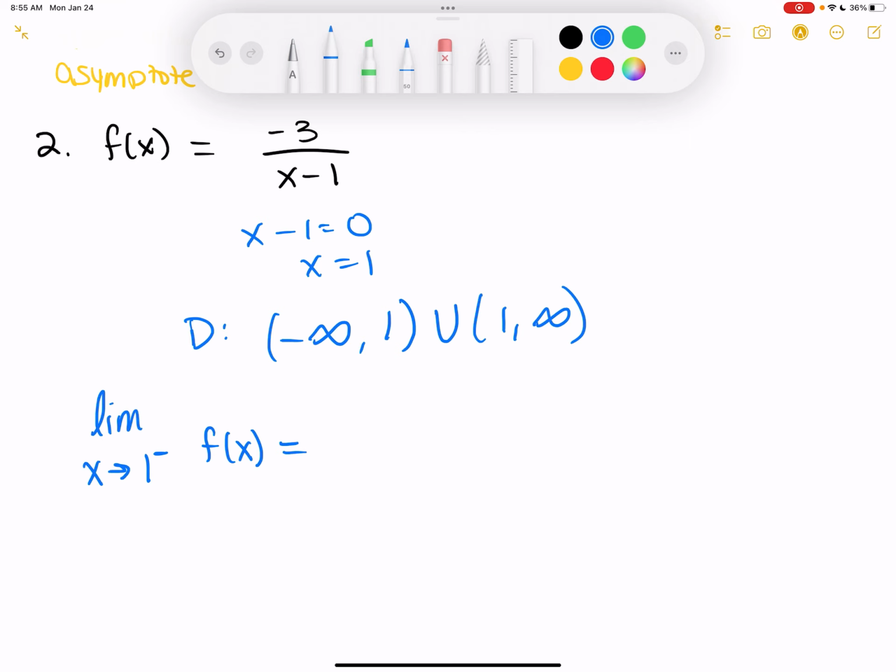So you're going to put that number in for x. You're not actually putting it in, you're just imagining what happens. So if I subtract 1 from that, what do I get on the bottom? A positive or negative number? Negative, right? Okay. So negative divided by negative is positive, so it's positive infinity. Okay, that makes sense.